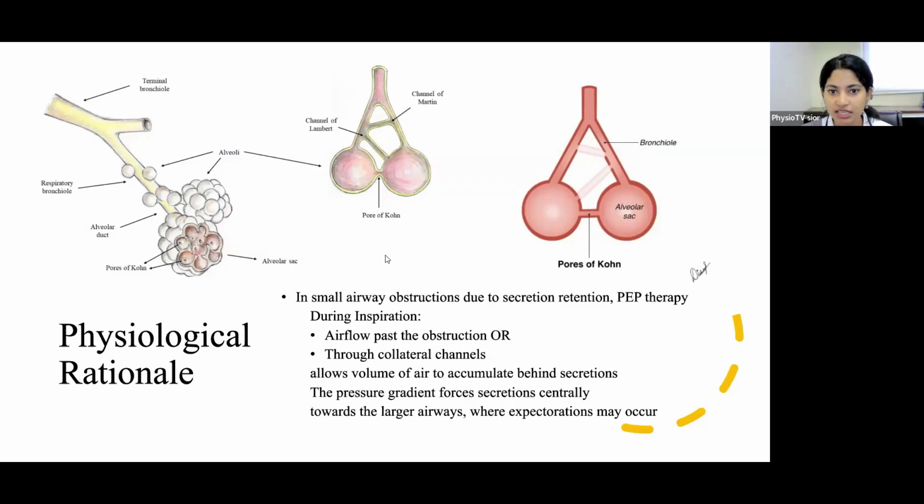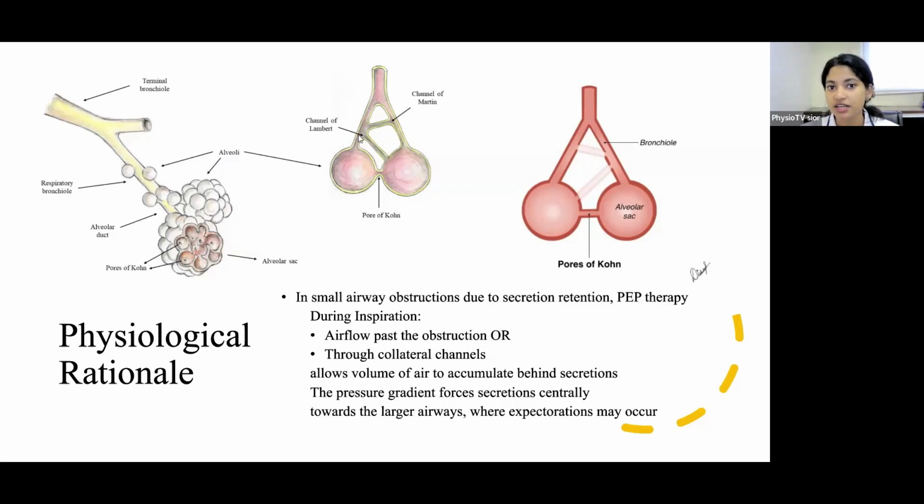As you can see in this picture, the first picture shows the alveoli and the connecting bronchioles. On a closer look, we can see that these alveoli are connected to each other with the help of certain channels. The channel connecting two alveoli is called the pore of Kohn.